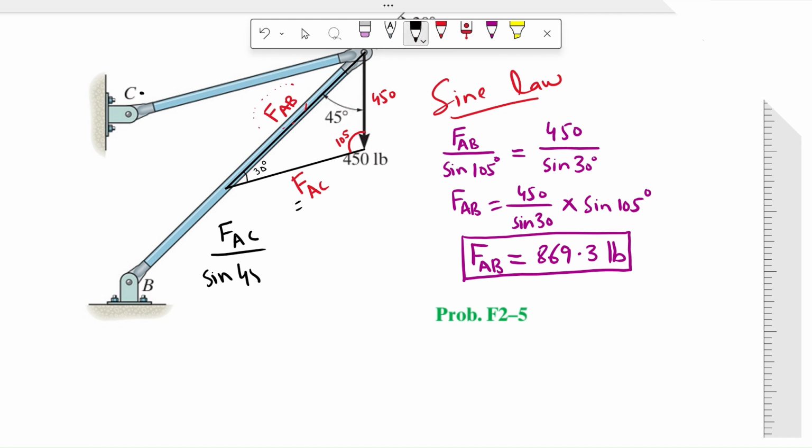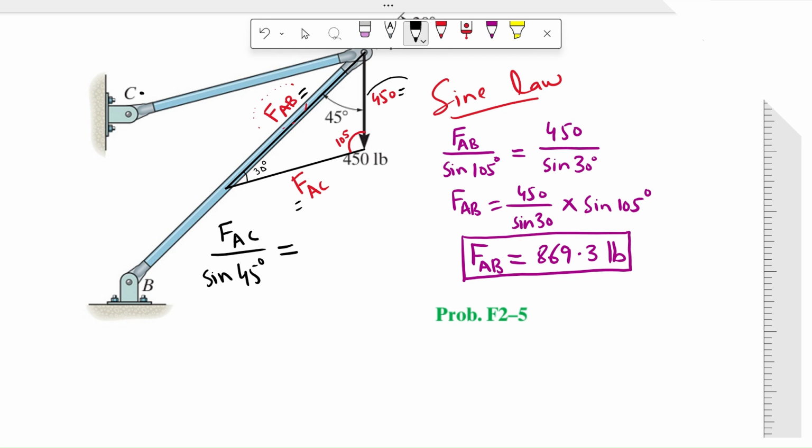So sine 45 degrees is equal to, now it's up to you whether you use this force or this force, because we already know the force value. So it's up to you whether you use this value or this value with their respective opposite angle. So you can easily get the value of the AC force.